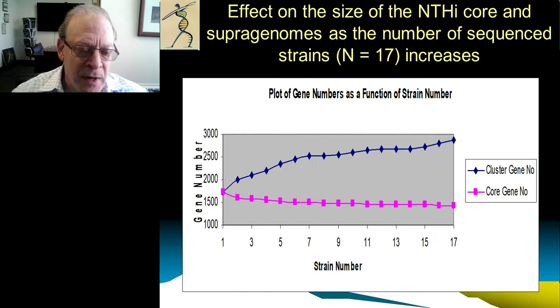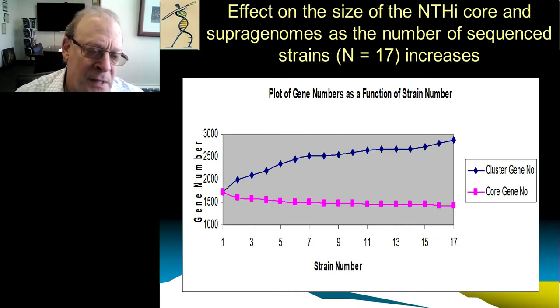And so as we started sequencing individual genomes of Haemophilus influenzae, we plotted the total number of genes on the top here, with the blue diamonds. And we also plotted the number of genes that were core, that is, that were present in every strain of the species.